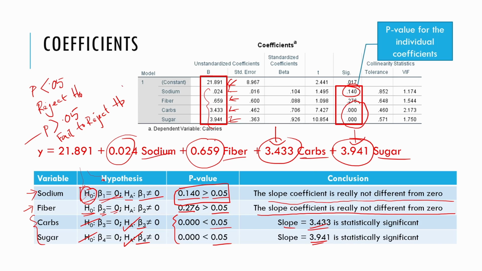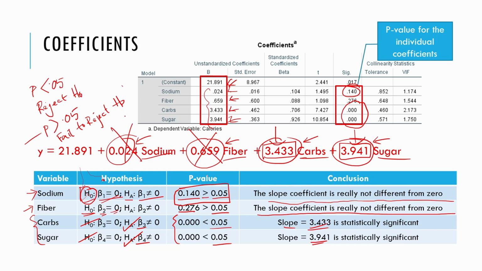So then what to do? You have found here that these two slopes, this one and this one, are insignificant, not really different from 0, and also found that these two are significant. That means these values are good to be included in the model. So one option here is just to drop these variables.